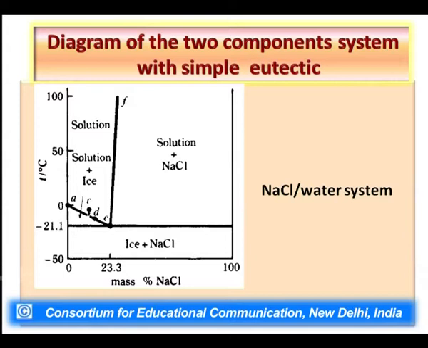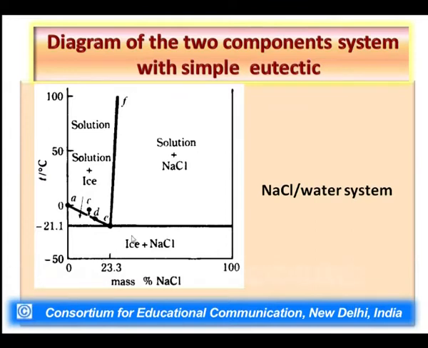One is the solid phase of component A, the other is the solid phase of component B, and the third is the liquid mixture of both A and B. So this point E represents the eutectic point, and therefore the eutectic point represents 23.3 mass percent sodium chloride and 75.7 mass percent of water.